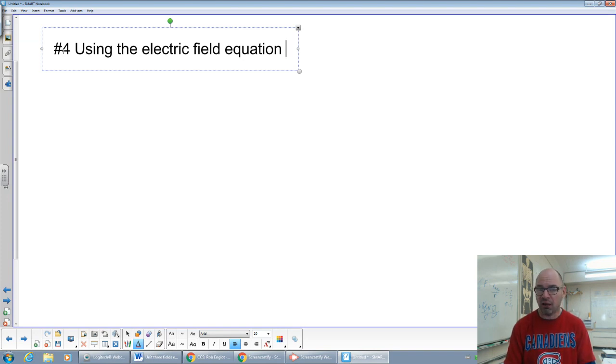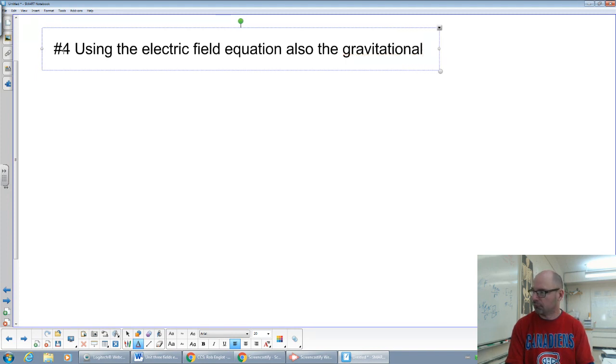Okay, so what we're going to be looking at here is the electric field. Also, the gravitational field formula. So it's the gravitational and electrical field formulas in there, one each.